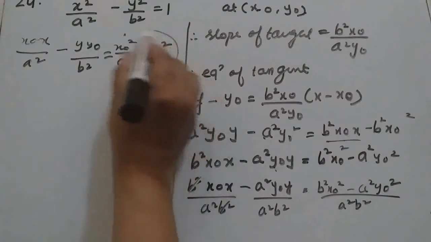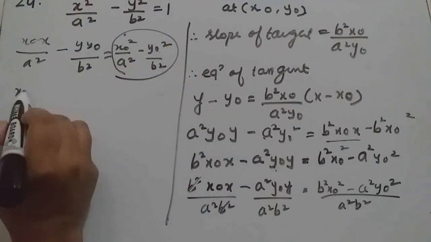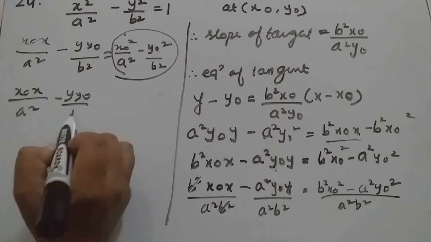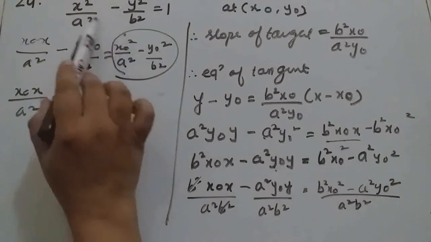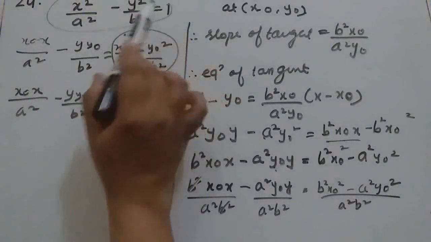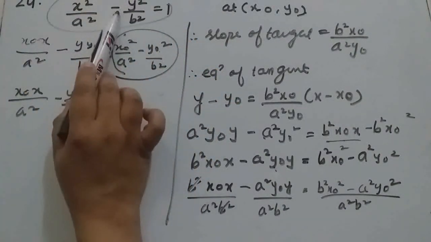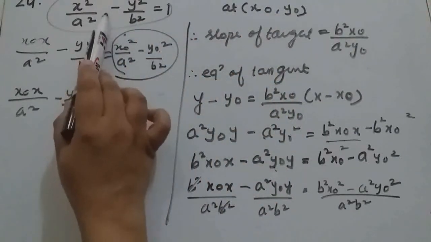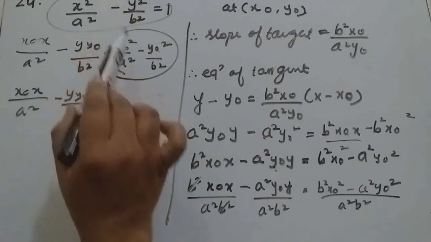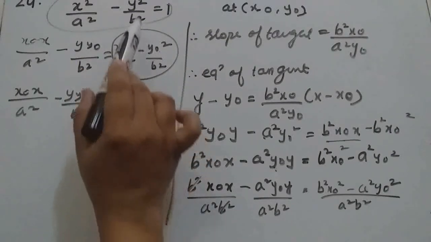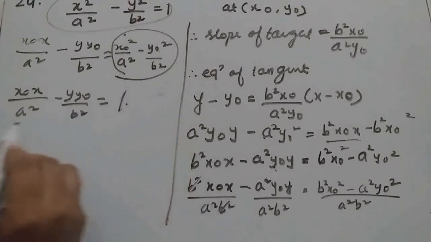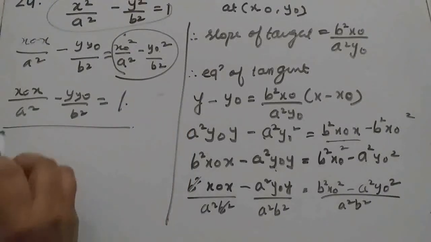See, but this is the equation of the hyperbola. So this equation is true for all the points belonging to this curve. This x0 y0 also belongs to this curve. That means this condition is true for x0 y0 also, and that is equal to 1, so we can write 1 here. So this is the required equation of tangent.